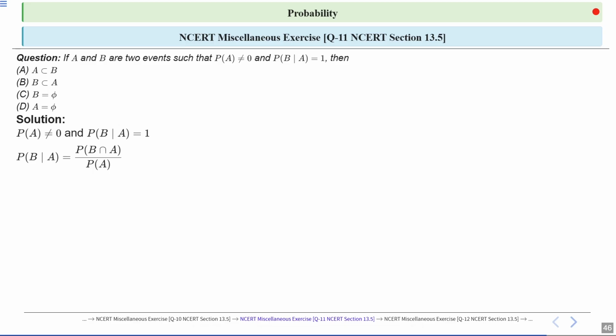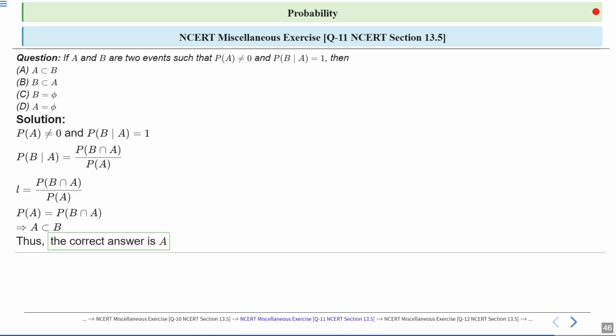We know the conditional probability formula: probability of B given A equals probability of B intersection A divided by probability of A. It is given that 1 equals probability of B intersection A divided by probability of A. So probability of A equals probability of B intersection A. It implies A is a subset of B, meaning set A is a subset of set B. Thus, the correct answer is option A. I hope this is clear to all of you.